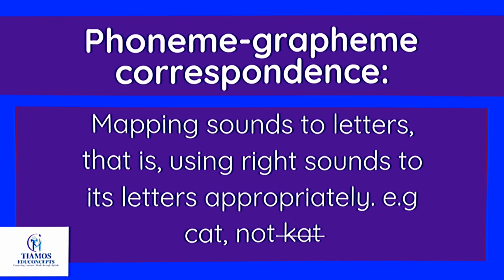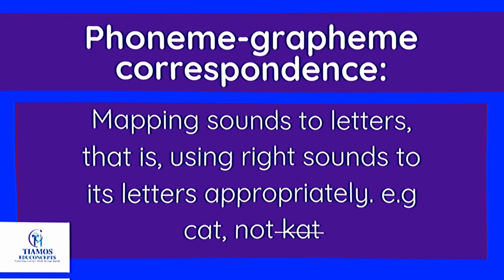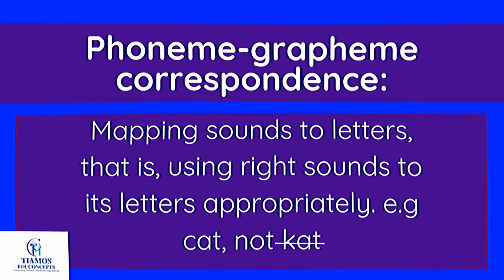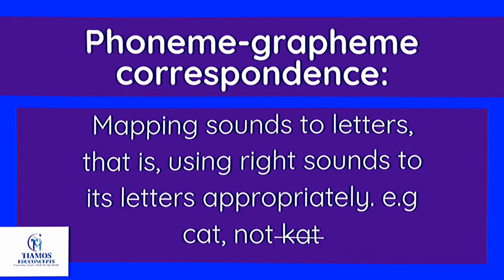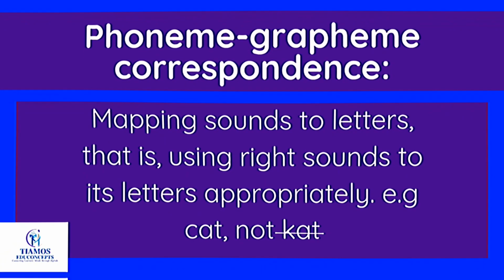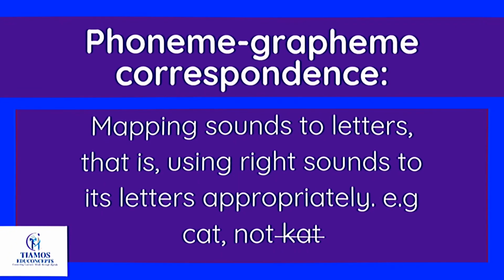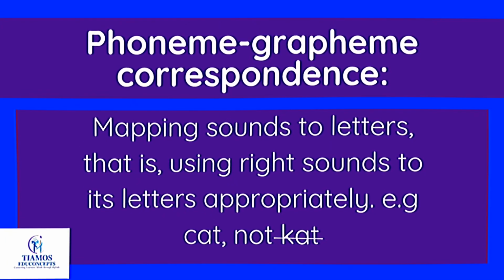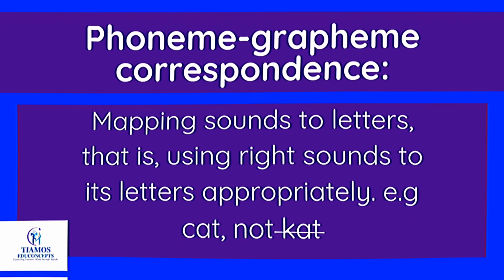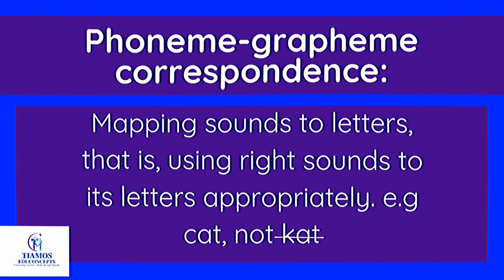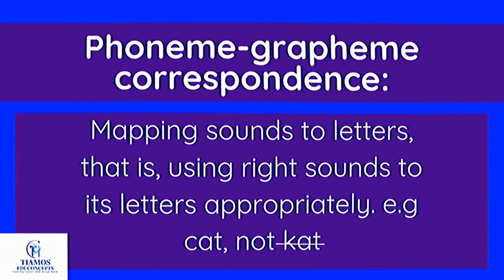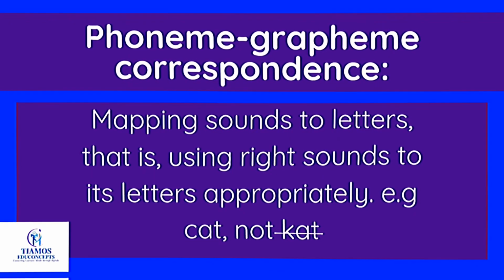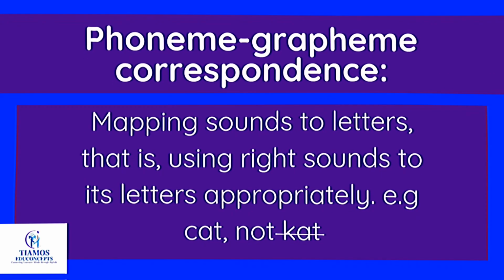In reading, there are some letters that are actually for a particular word. The same thing, there are some sounds that are actually for a particular word. That is what it represents. Phoneme-grapheme correspondence means using the correct sound to represent letters, and using the correct letters as well to represent the correct sound, vice versa.